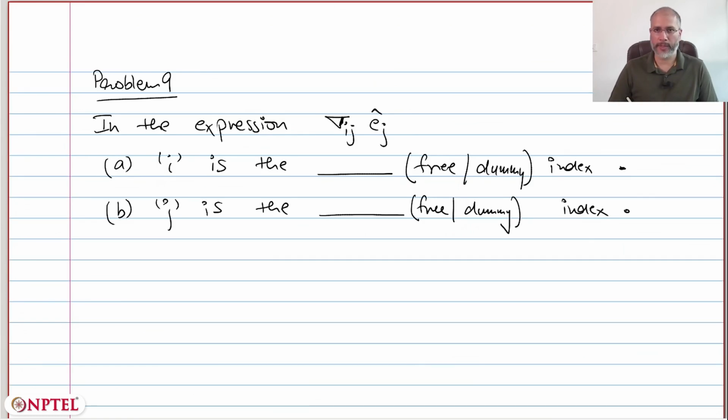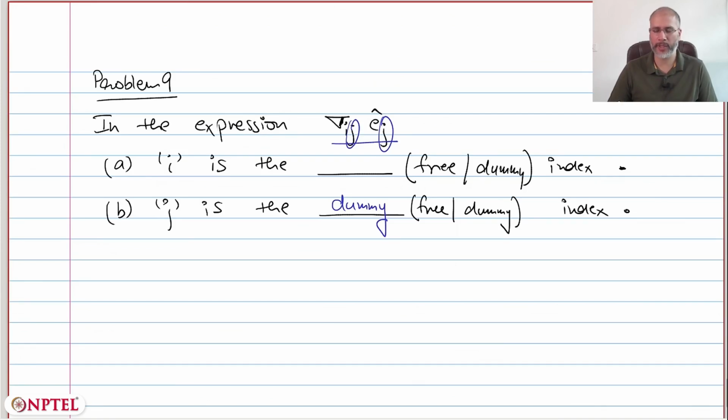So again, think about it. You already know the definition of free and dummy indices. So in the expression sigma ij ej, the index j is repeated or dummy. So we answer part B as j is the dummy index, and the index i is free because it appears only once in the mathematical term.